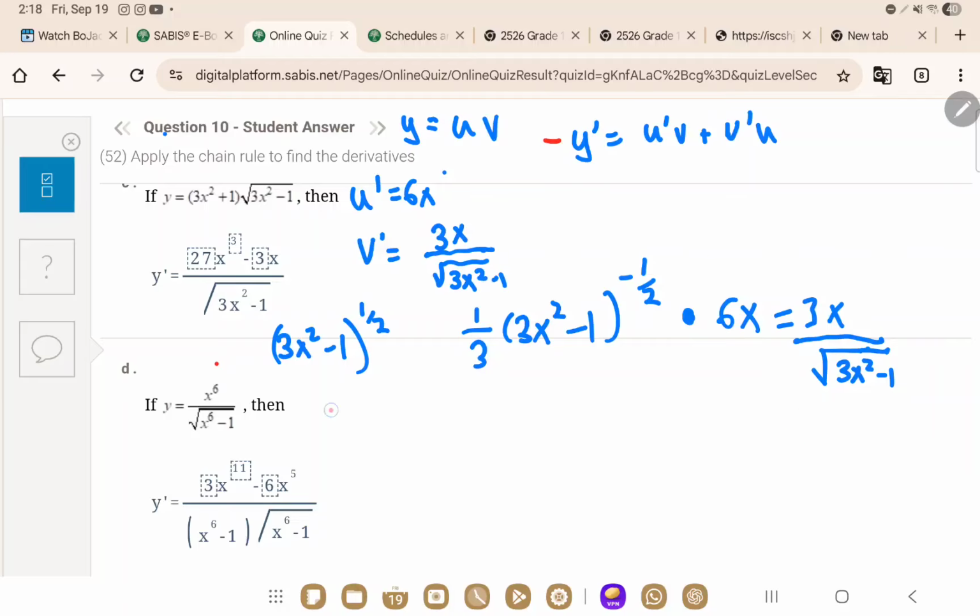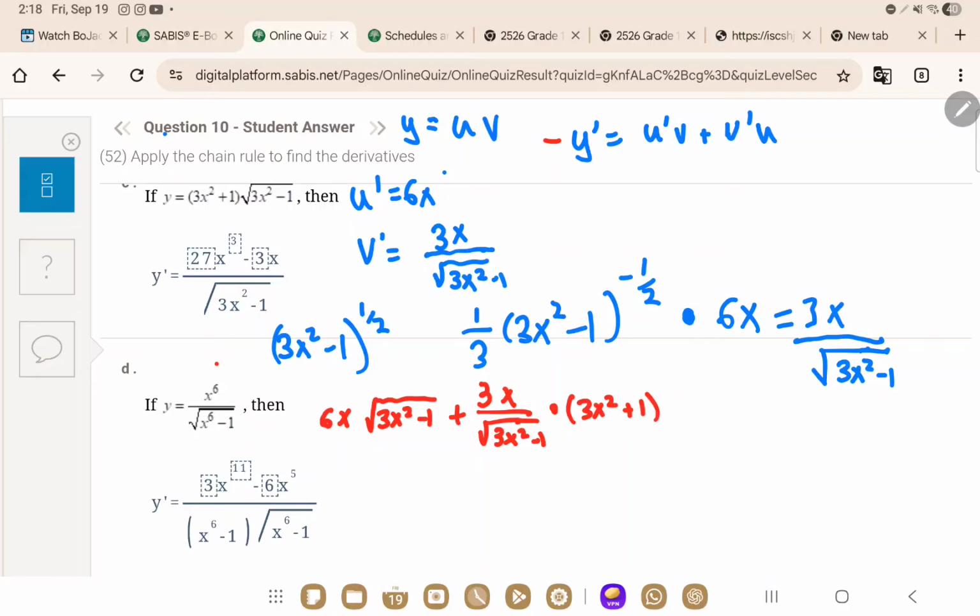So it's going to be, again, 6x times radical 3x squared minus 1, plus 3x over radical 3x squared minus 1 times u, which is 3x squared plus 1.